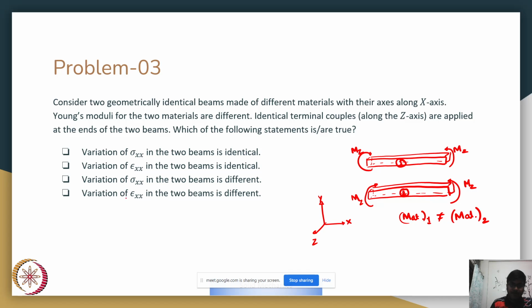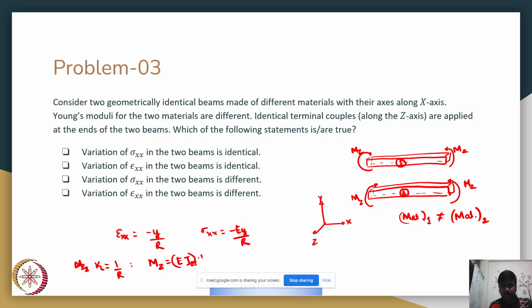Okay, so if you remember, epsilon xx is nothing but minus y by R, correct? And sigma xx is minus E y by R. Upon simplifying, we know that if we write kappa, which is the curvature, as 1 by R, then we know the relation between applied moment is equal to bending stiffness into curvature.